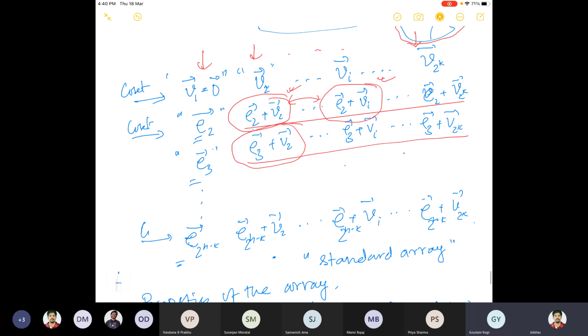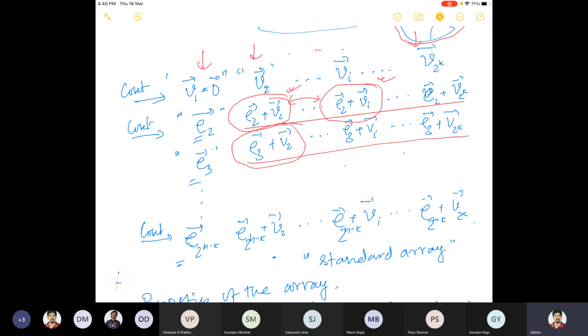It's a coset defined by a subgroup of a group. We define a coset of a subgroup H of the form X plus H, where plus may be any operation. Here the same thing is happening.